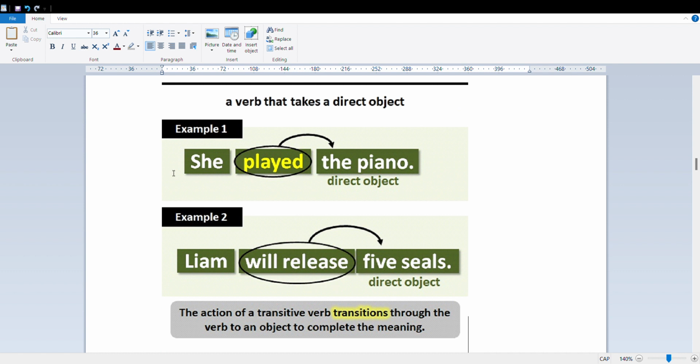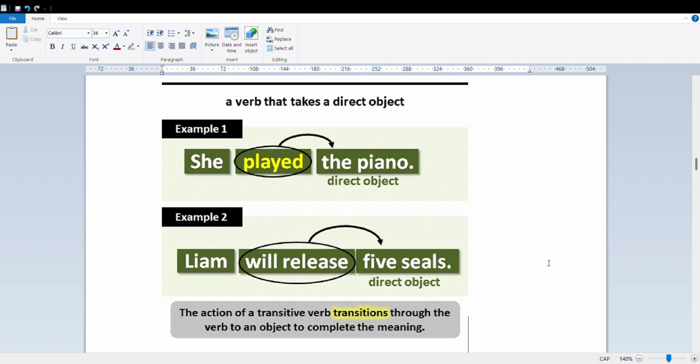Okay. So here played will be your transitive verb. And the piano, here piano will be the direct object. So played will be your transitive verb and the piano will be your direct object.